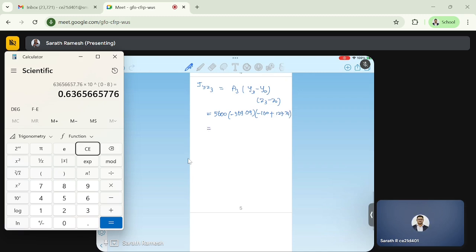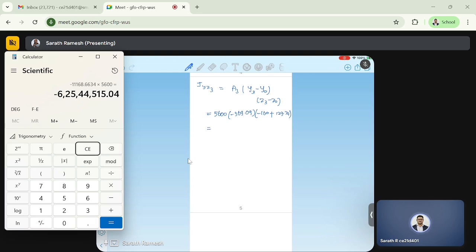This will be (129.74 minus 160) times 369.09 times 5,600.